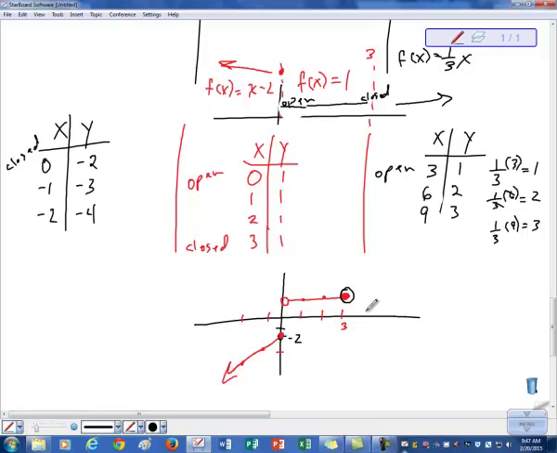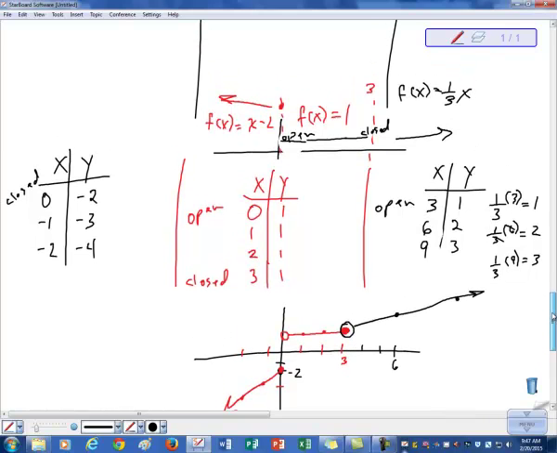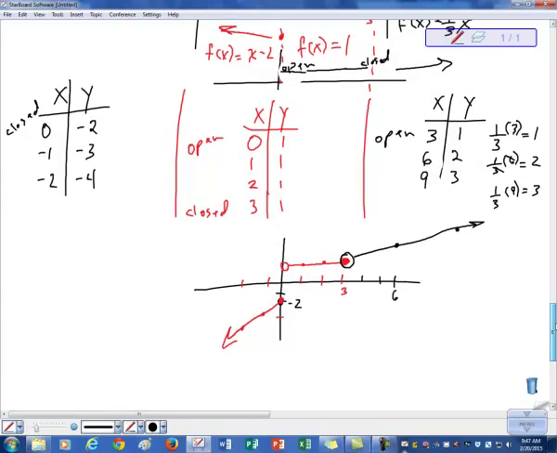And then 6, 2, and then 9, 3 will be out here. So you get that. Now, because I made this up off the top of my head, you most likely will not see one point on top of another one like that. It'll be up higher, down below. So just keep that in mind. Alright, but this is what your piecewise defined function looks like.